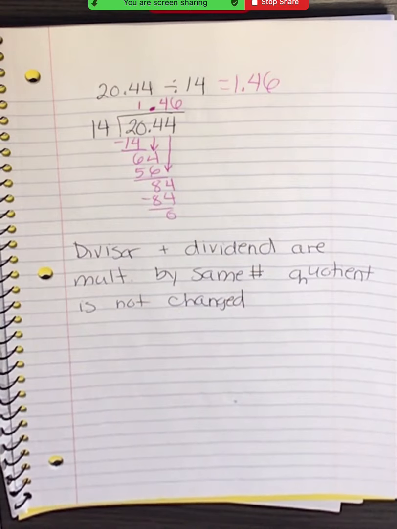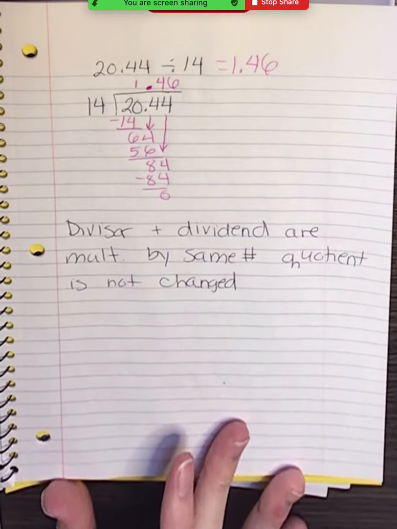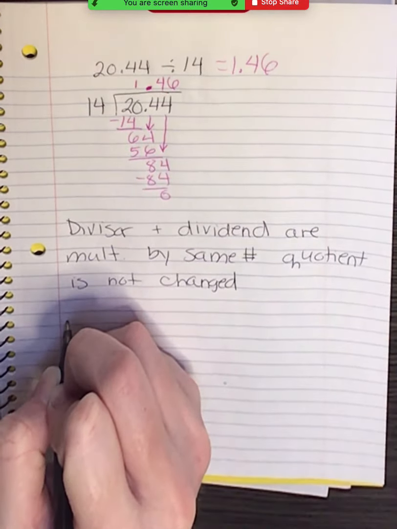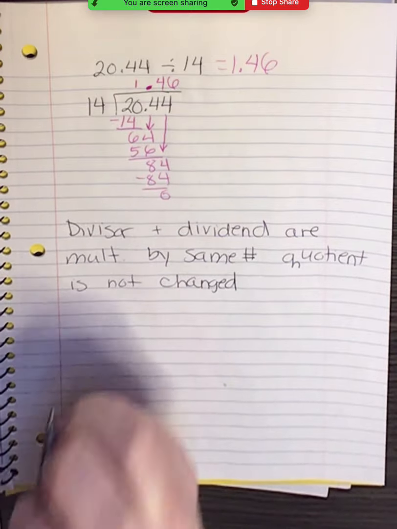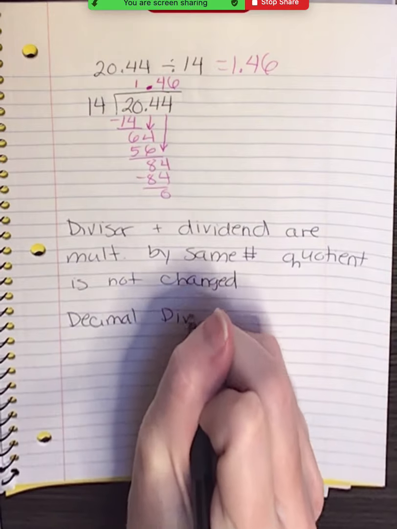Okay? Which means you can move the decimal over in both of them, and it's the same thing as dividing by a power of 10 or multiplying by a power of 10. Okay? So when you are dividing by a decimal, so you have a decimal divisor.